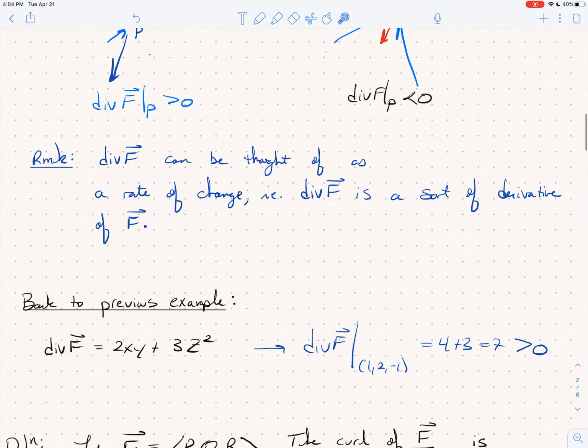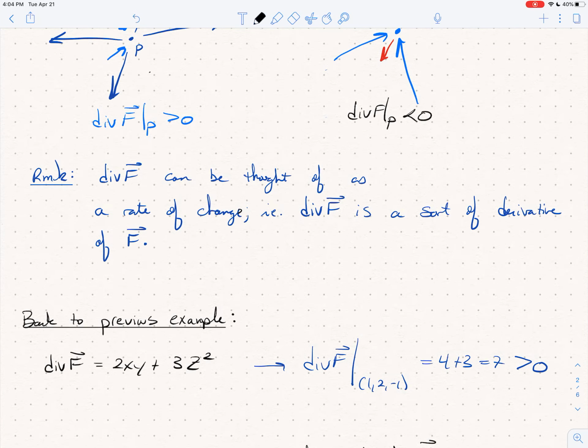So let's go back and just end this video with one quick example. In our previous example, we worked out the divergence of our vector field. We got this. I just want you to realize that to interpret it the way we were just talking about, you've got to actually plug in a point. So if we plug in the point (1, 2, -1), it's easy to see we get out 7.